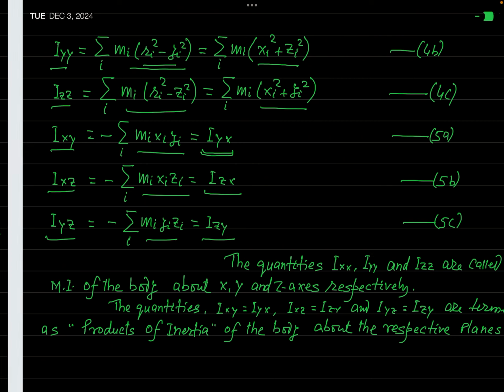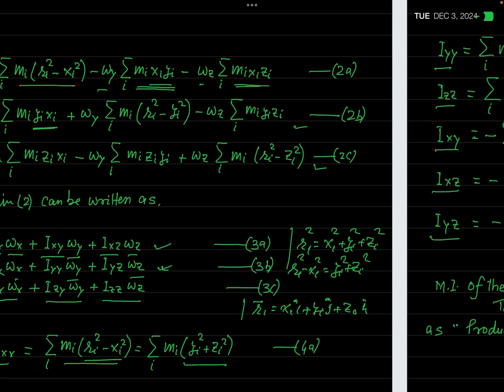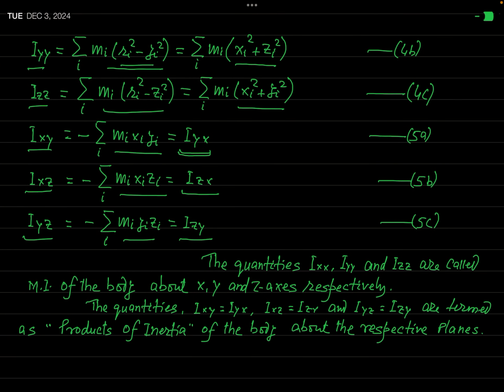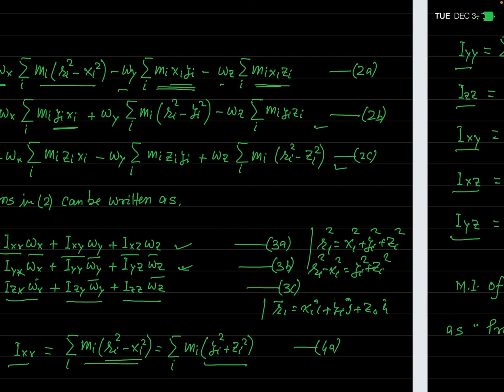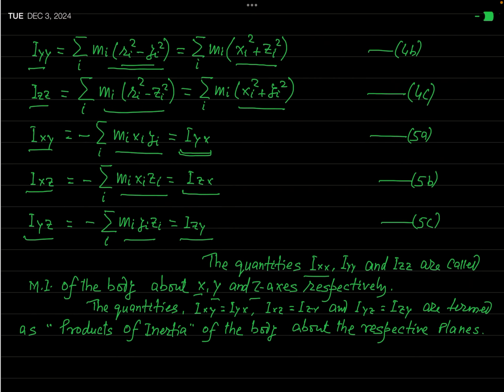Actually, these three quantities, Ixx, Iyy and Izz, are known as the moment of inertia of the body about the x-axis, y-axis and z-axis. It means, what is this Ixx, which is defined here in equation 4a?